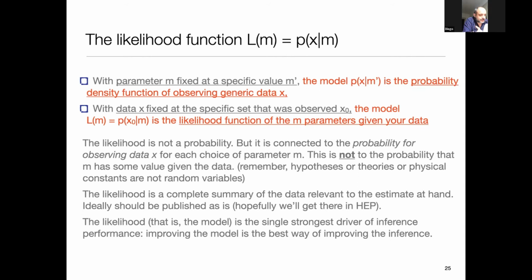If you do that, then the model P of X given M becomes just a function of the physics parameter M, and we call it L of M. You see here in the second bullet. So the model seen as a function of the physics parameter at fixed data is called the likelihood function of the M parameter.